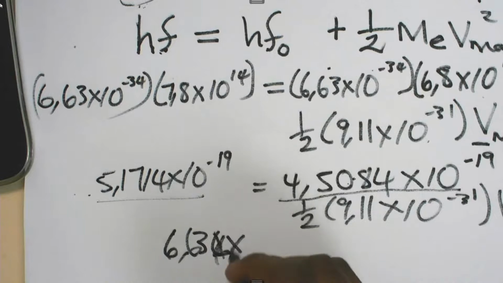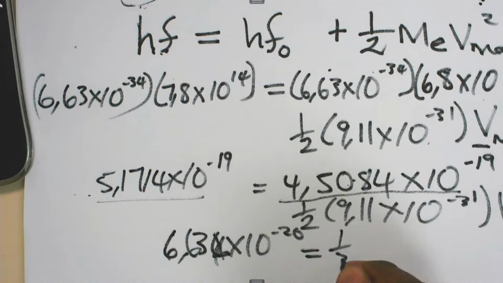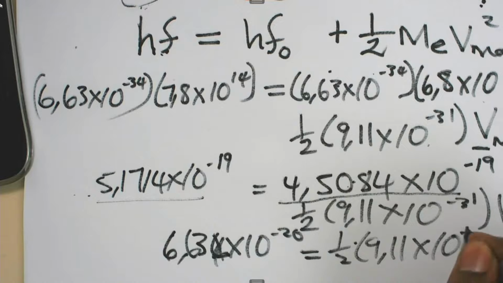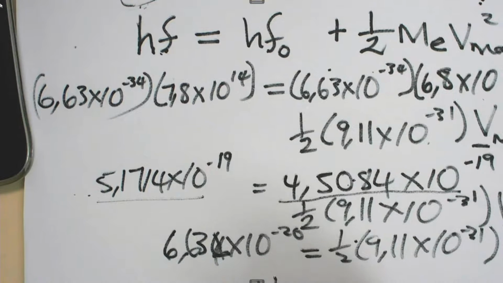times 10 to the power minus 20 being equal to half into 9,11 times 10 to the power minus 31, and then this is Vmax squared. So this answer we then divide by 0,5, that is half, multiplied by 9,11 exponent minus 31. But remember we want the speed, not the square of the speed.